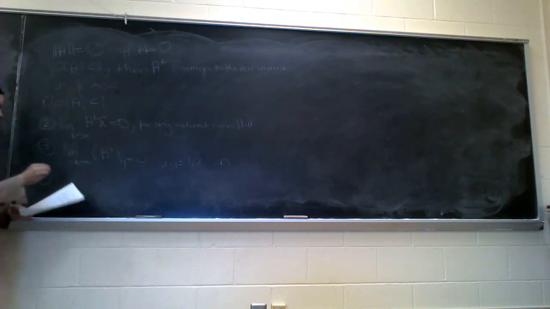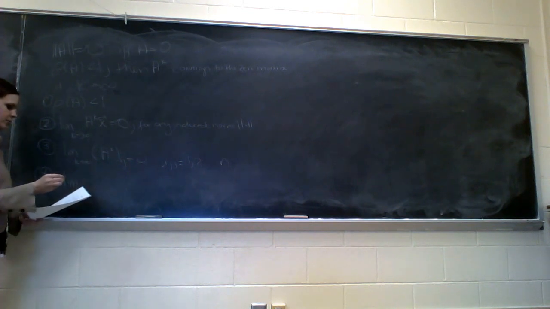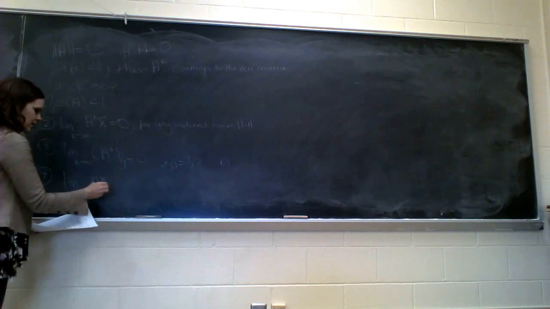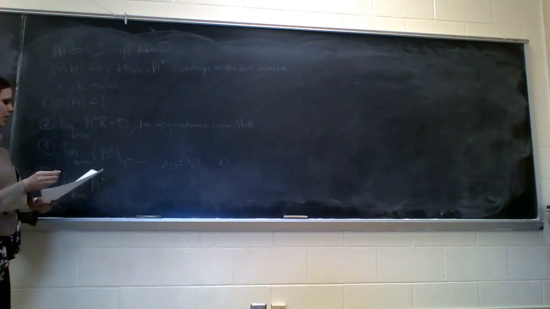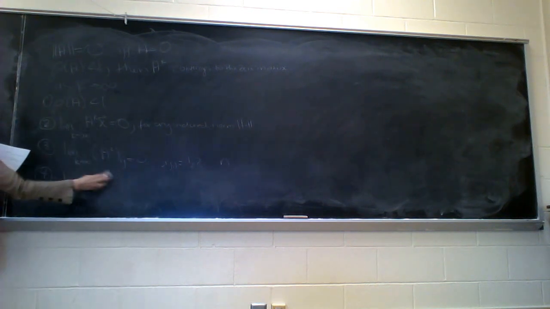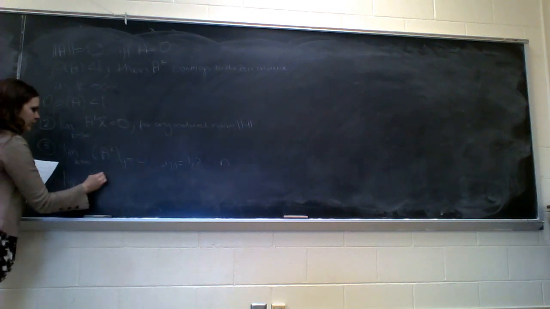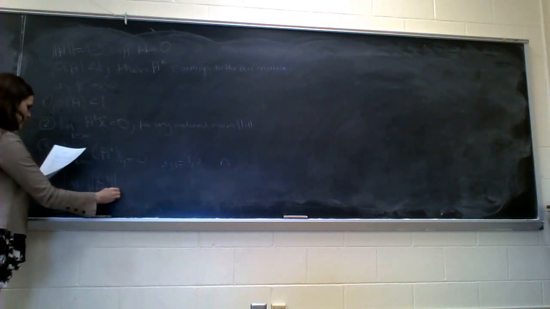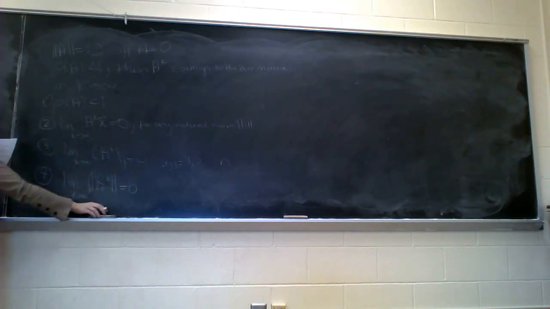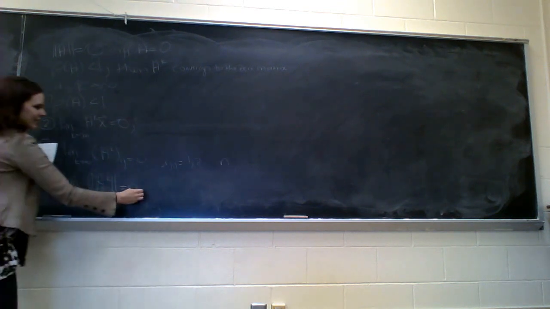And then the last property that we have is that the limit as k approaches infinity of the norm of A^k equals 0. I wrote here for any induced norm, but we don't have a norm in that statement. That should go here.